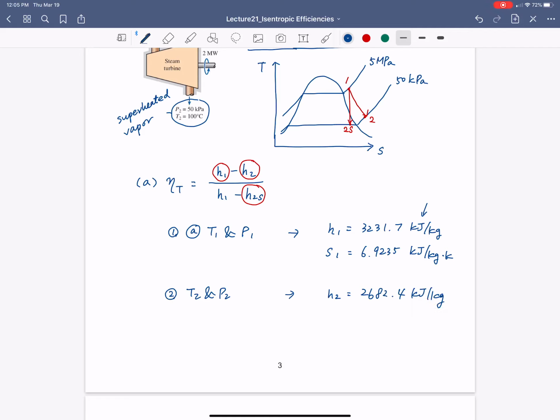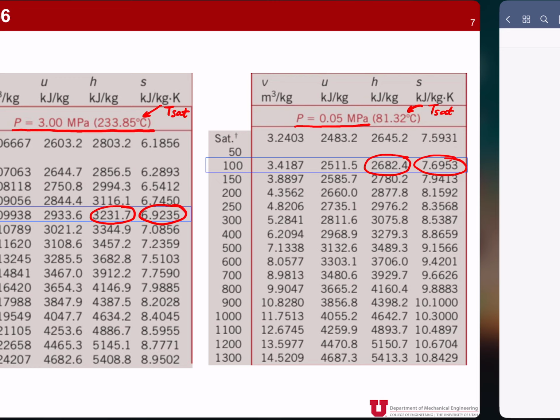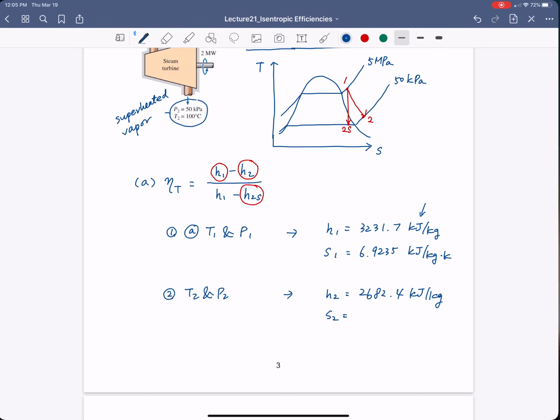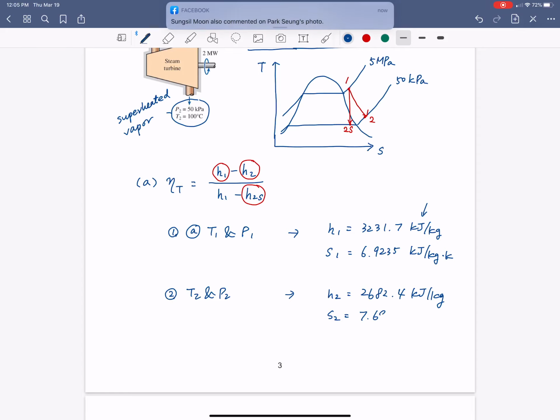In fact, we don't need the entropy at exit 2, but just let me write it down, which is 7.6953 kilojoule per kilogram Kelvin.